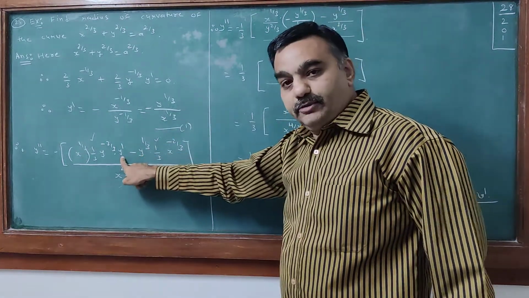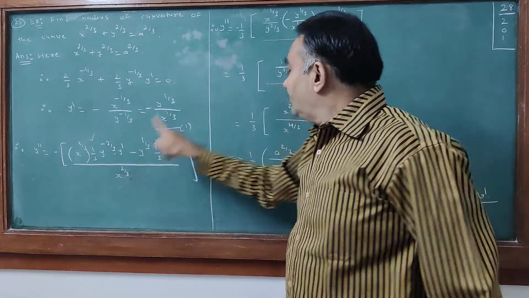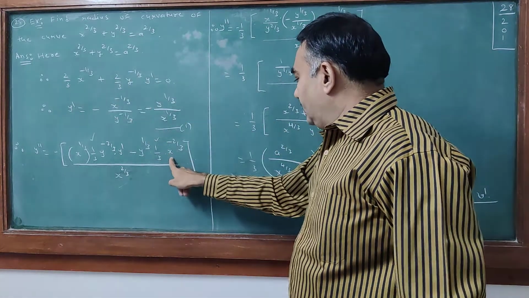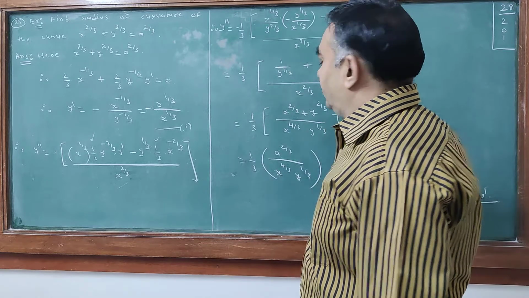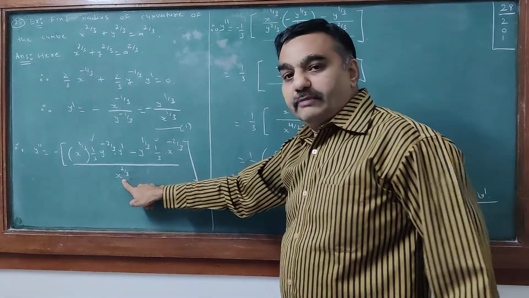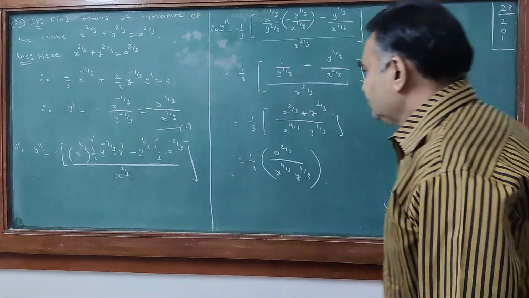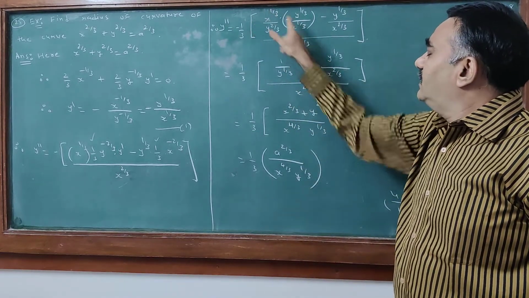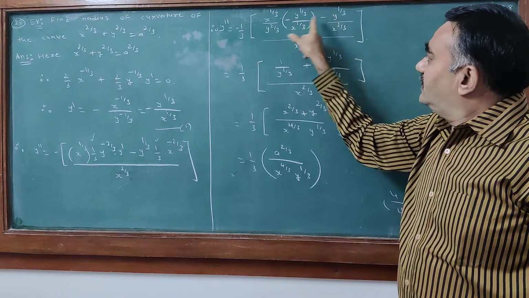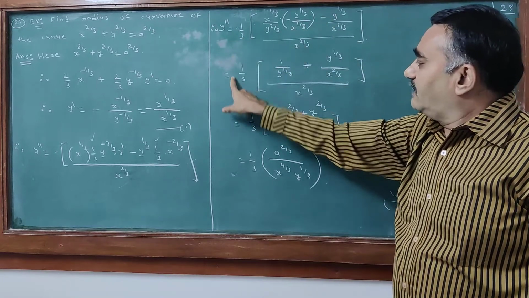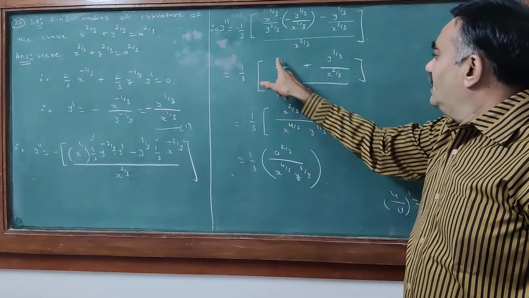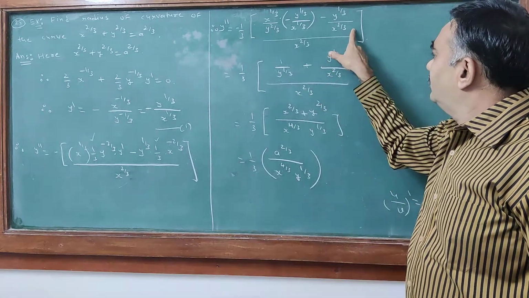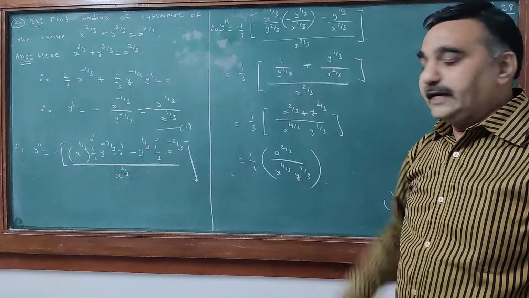So it is clear up to here. Now minus y raised to 1 by 3, 1 by 3 is outside and therefore it is upon x raised to 2 by 3. And x raised to 2 by 3 is already there. So we can cancel out x raised to 1 by 3. We take the minus sign outside and therefore now it is positive: 1 upon y raised to 1 by 3, x raised to 2 by 3.